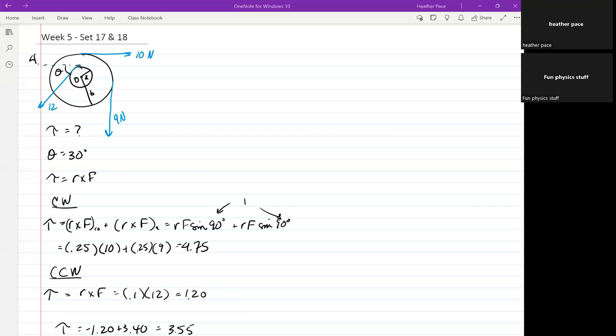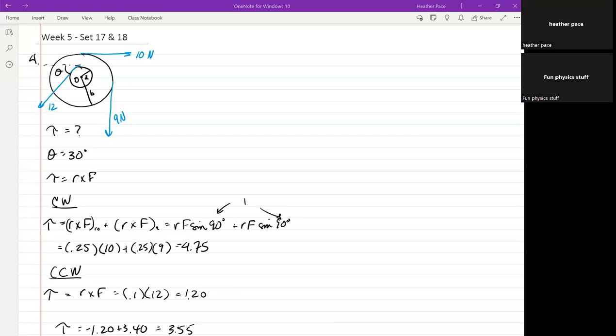All right, so as always, we're going to write down what we're looking for. We're looking for tau. We're going to write down what we know from the figure that we're given. So we've got a force going clockwise at the top of the wheel, 10 newtons.